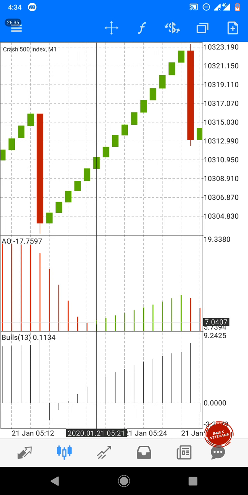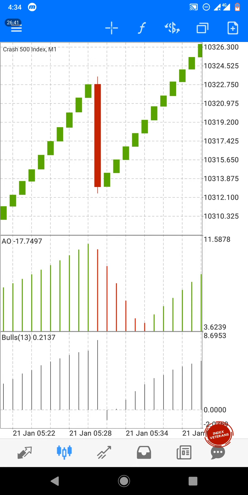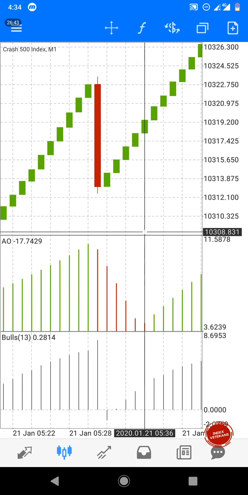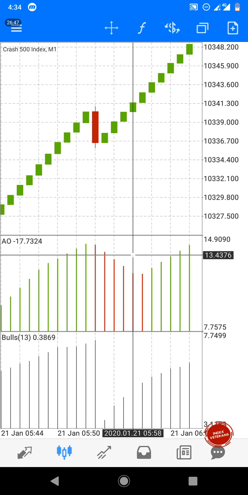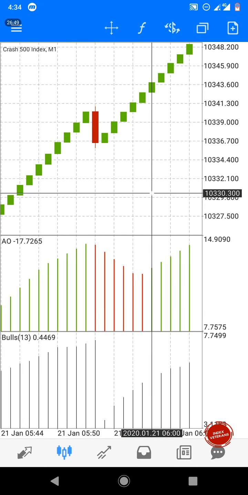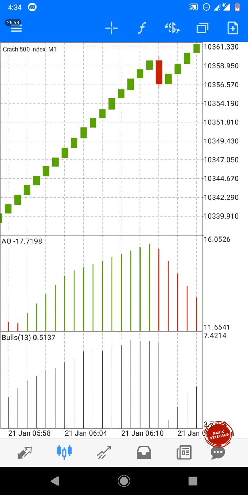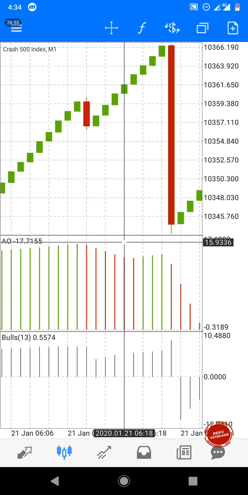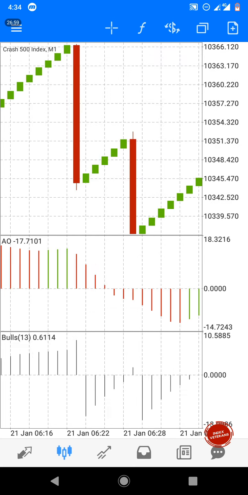So our first entry in our golden hours could have been this, and $10 if I was using a 10.0 lot. Also our second entry could have been this, that is $20. Our third entry could have been this, that is $30. Our fourth entry could have been this, and we exit here, that is $40.